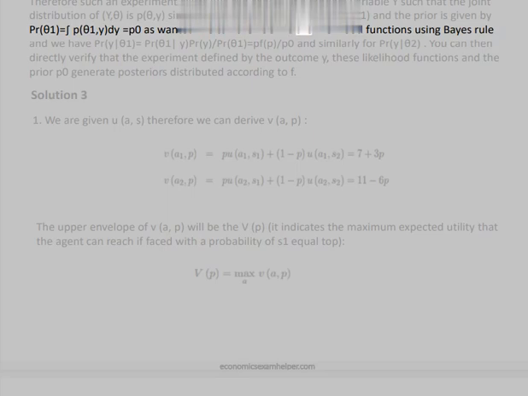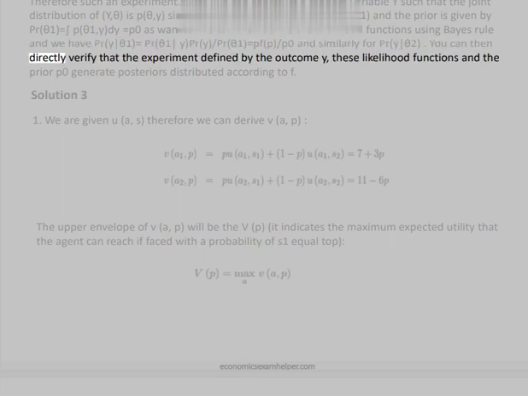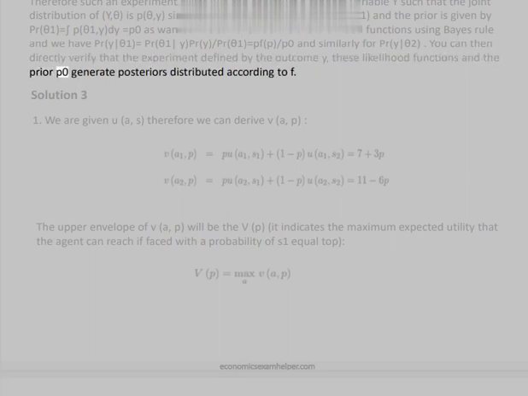We can then define the likelihood functions using Bayes' rule, and we have Pr(y | θ1) equals Pr(θ1 | y) Pr(y) / Pr(θ1) equals p f(p) / p0, and similarly for Pr(y | θ2). You can then directly verify that the experiment defined by the outcome y, these likelihood functions and the prior p0 generates posteriors distributed according to f.